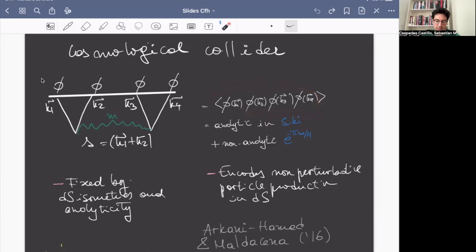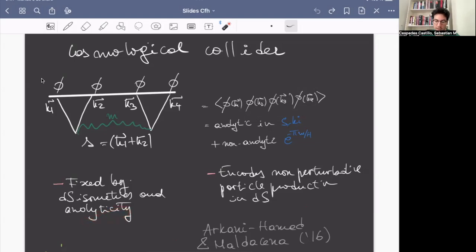Because if in the most simple example, we assume that we were on de Sitter spacetime, most of the information is encoded by the symmetry properties of the spacetime, but also because there are many analytical properties of this correlation function.